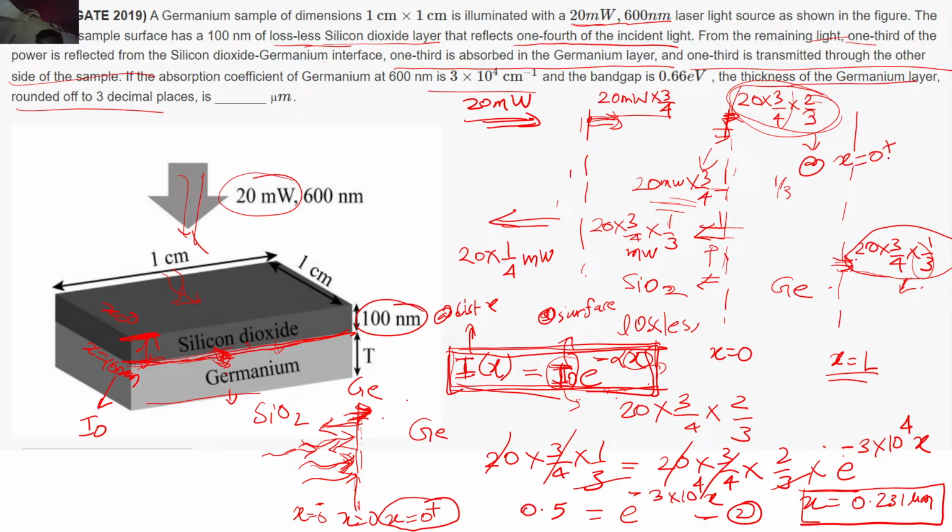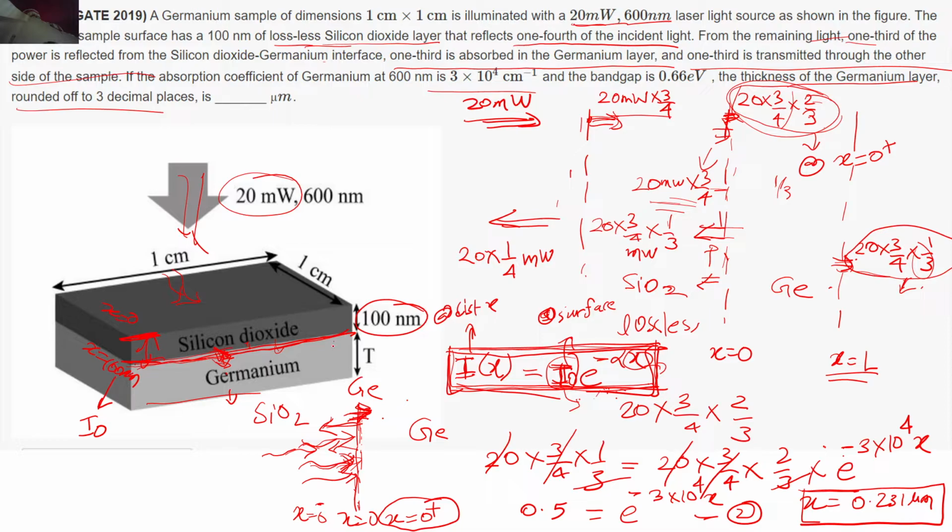And what is this 0 plus? 0 plus is just on the right side of the germanium. And why have I taken the right side of the germanium? Because the equation that you are seeing here doesn't take into account reflections that may happen when the light is incident. If you open Donald Neamen or maybe Sir's lecture material, reflections at the surface of the material are assumed to be 0, so there is no reflection.